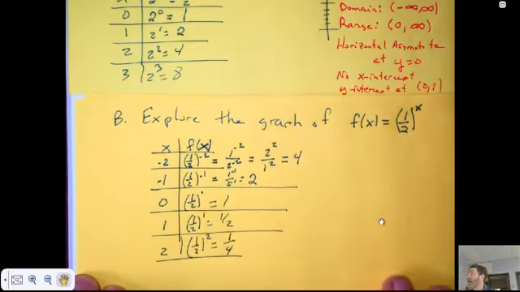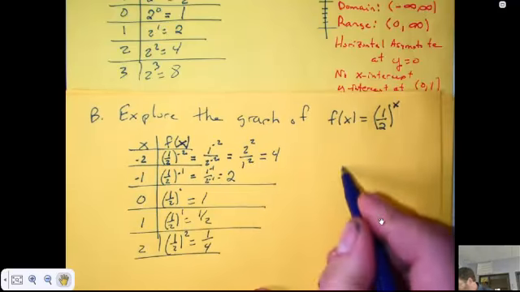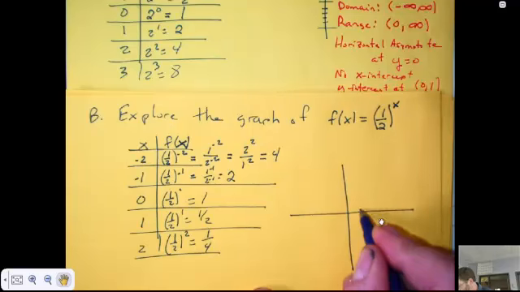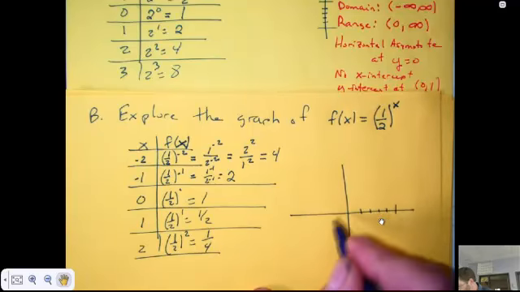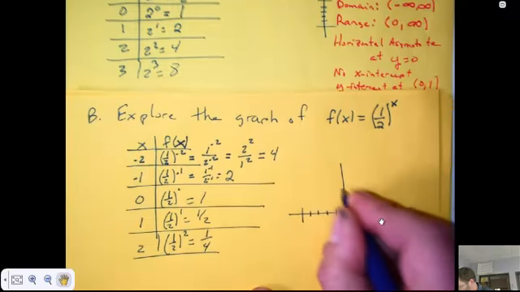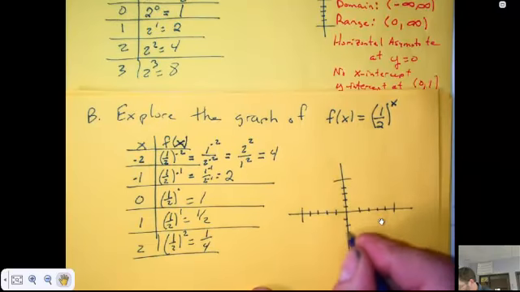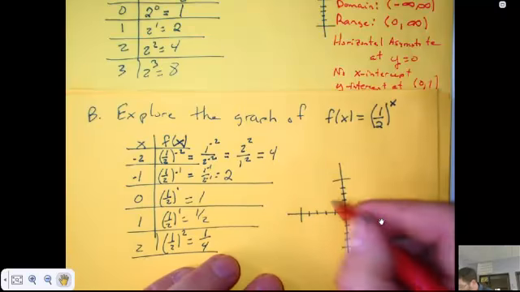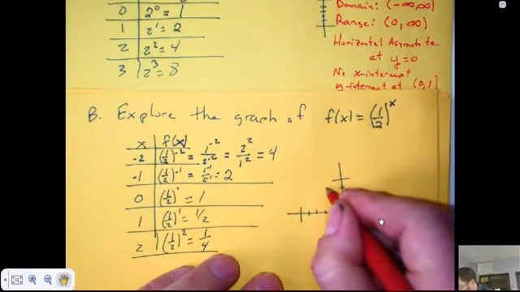Now again, if we sketch this out, negative 2 is up at 4, so we have a dot there.